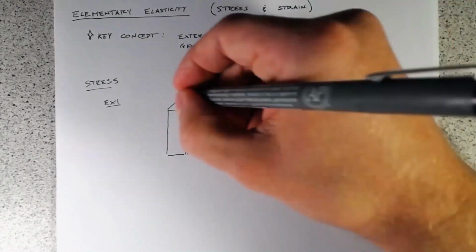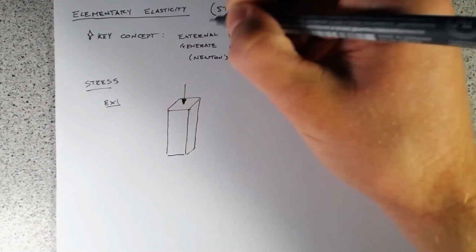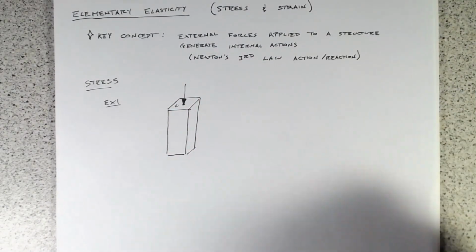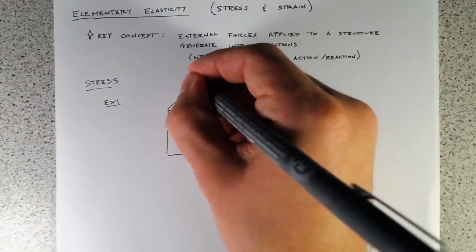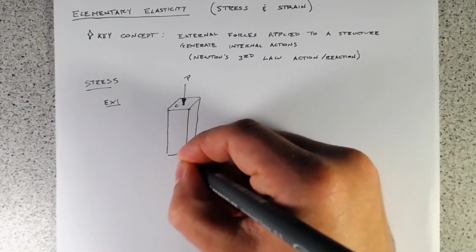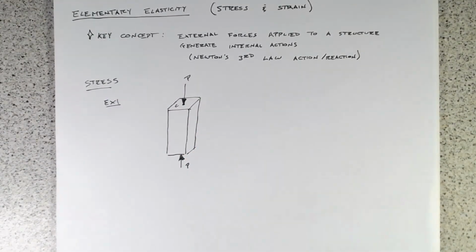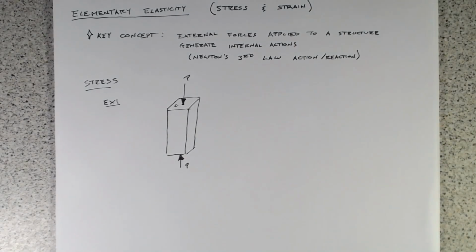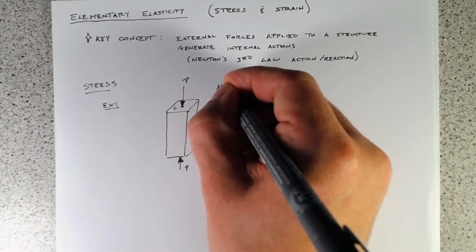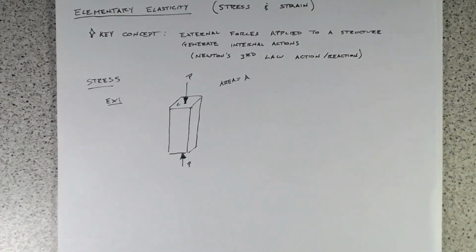But this member has a compression load acting right at the centroid C, and it's got a load P. Because it's in equilibrium, it has an equal and opposite load P down here, also acting through the centroid. And it has area, which is just going to equal A.